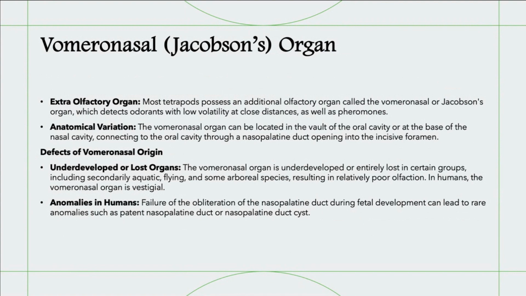So basically, species which don't live their whole life in water, they live some part of their life in water, and then species which will be flying also, may have lost this vomeronasal organ, meaning that their sense of smell will then become poorer.